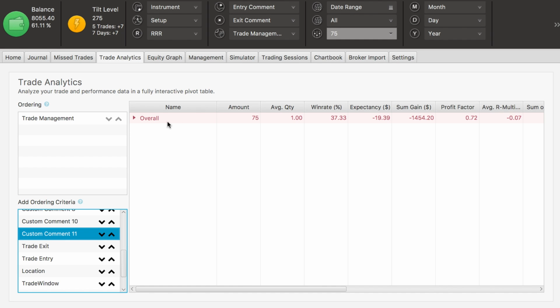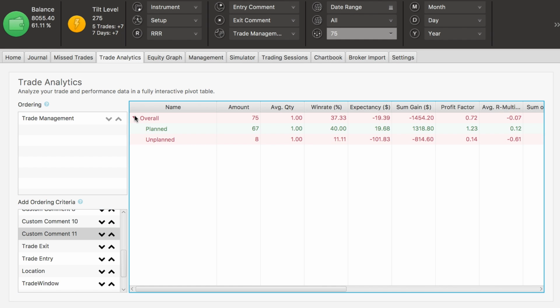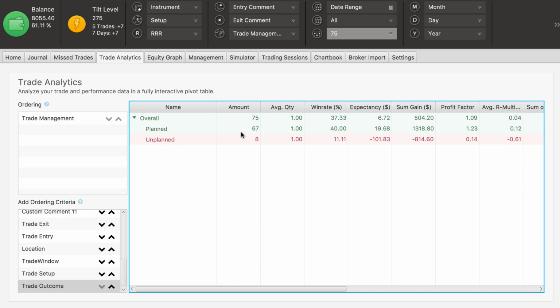And now when we look at his trade management comments, you can see there are just two categories. One category is planned and the other is unplanned. Although his unplanned trades are only 8 in the total count, you can see that the expectancy is very, very high, and also the sum of the losses for the 8 unplanned trades is quite substantial.